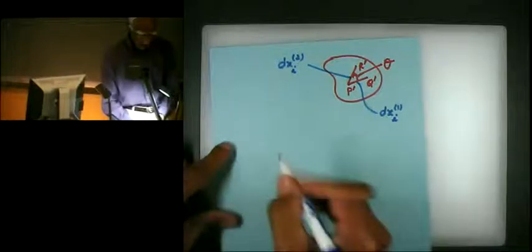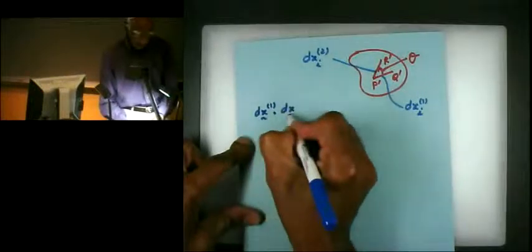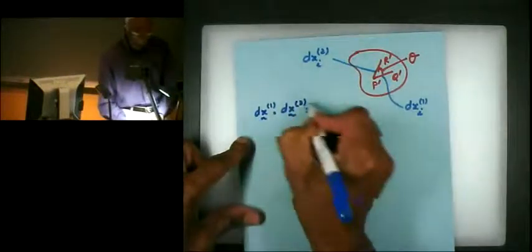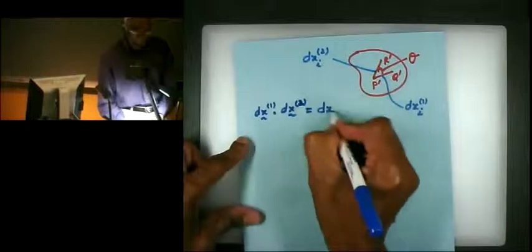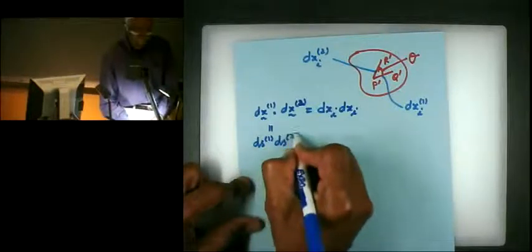So the dot product dx1 dotted with dx2 is dxi1 dxi2, and this equals length of vector 1, length of vector 2, cosine theta.